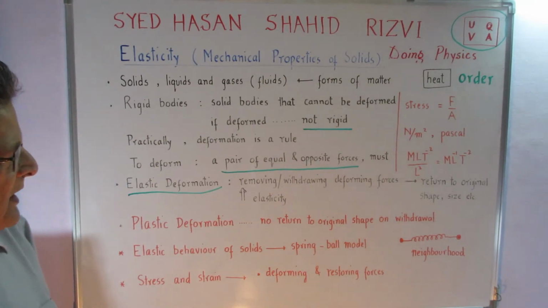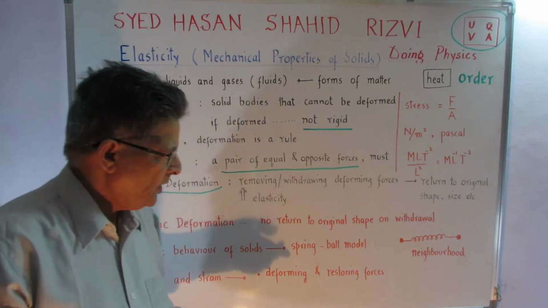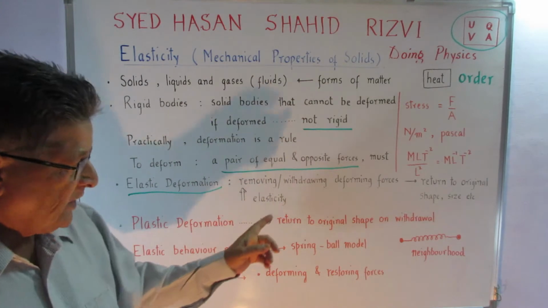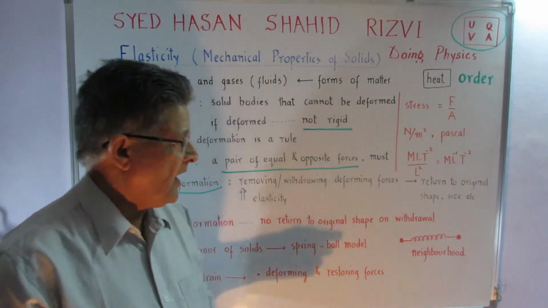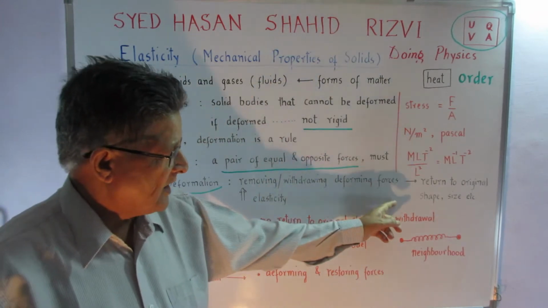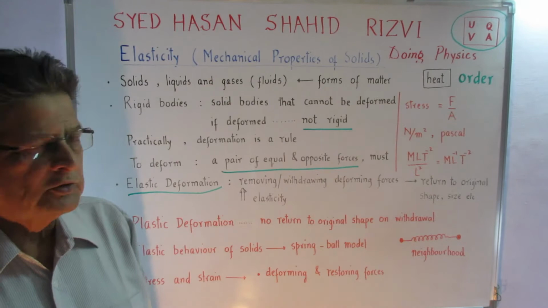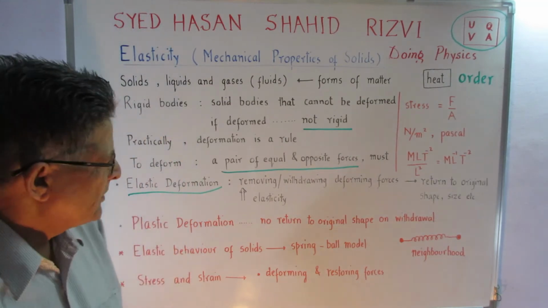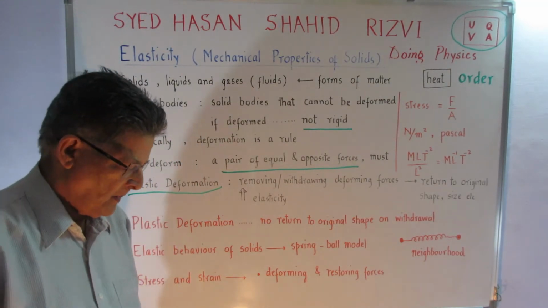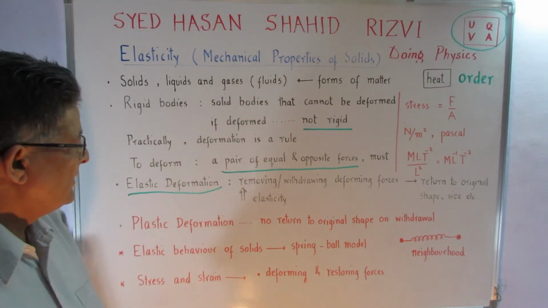This is the phenomenon in which, after the deformation has taken place, after the forces have been applied, after an experiment has been done, the body returns back to its original shape and size. Of course, in elastic deformation, we talk about an elastic limit.